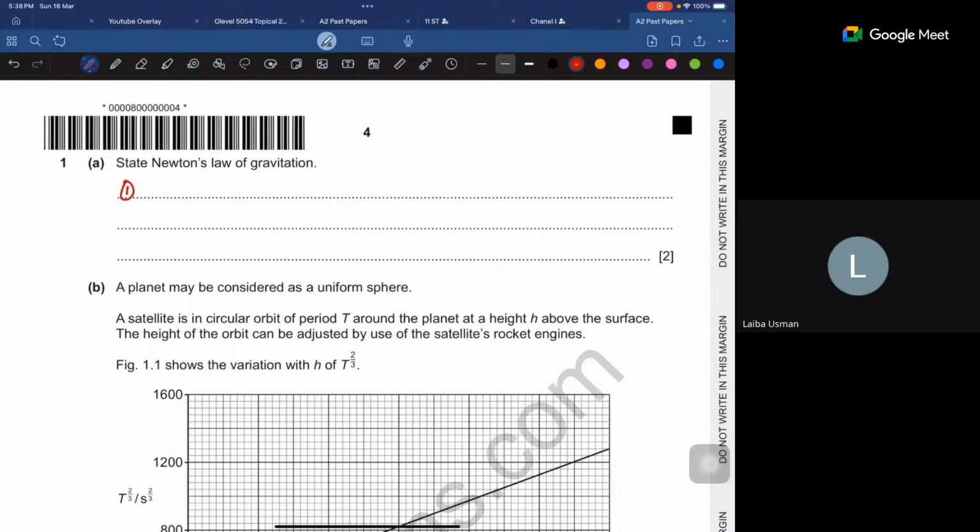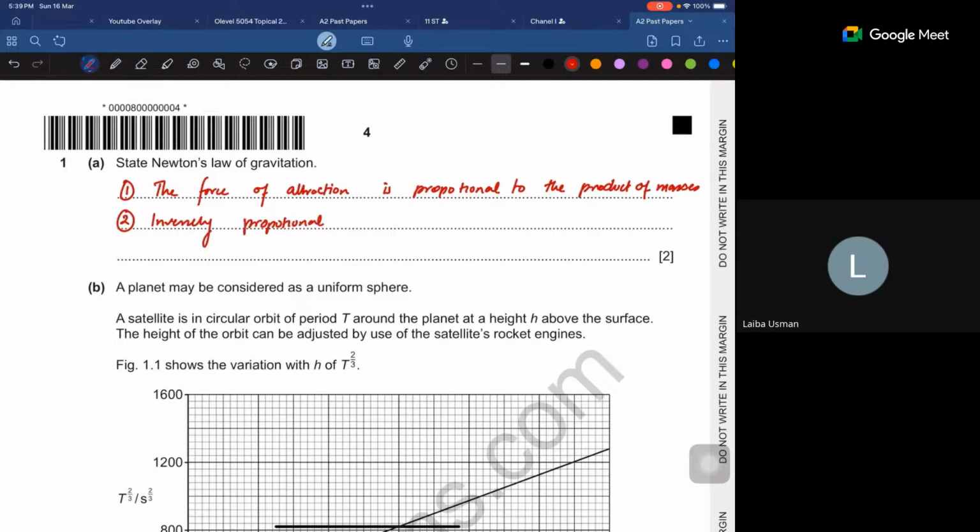So you're going to say the force of attraction is proportional to the product of masses and inversely proportional to the separation between their centers. So this is what you are doing.